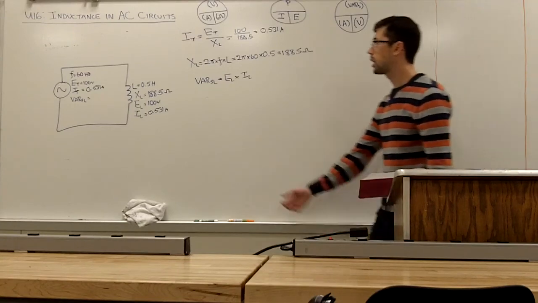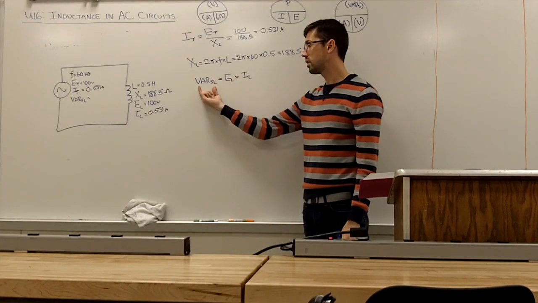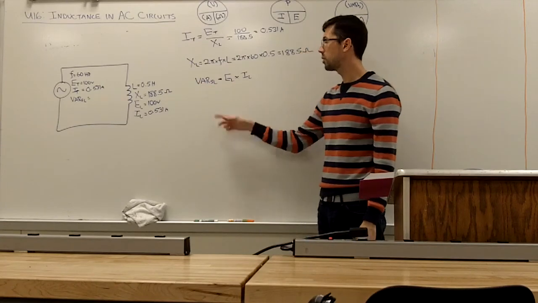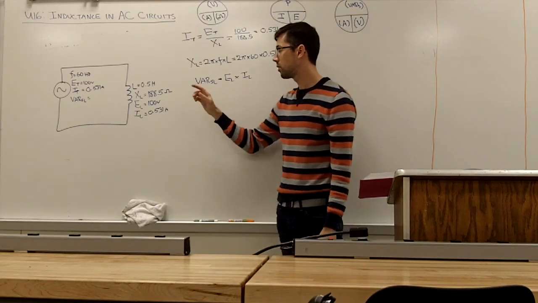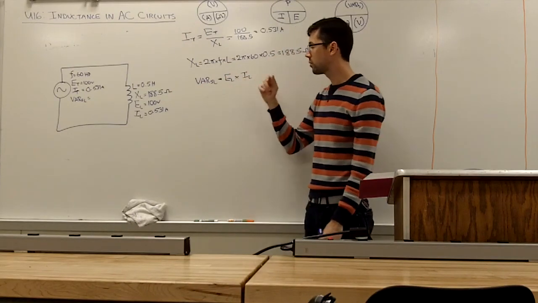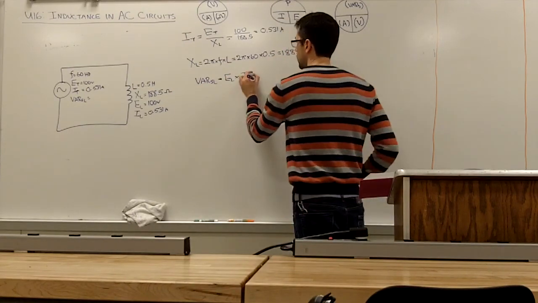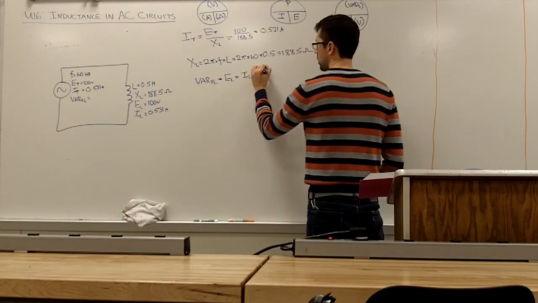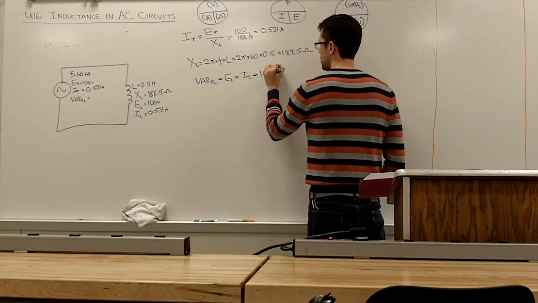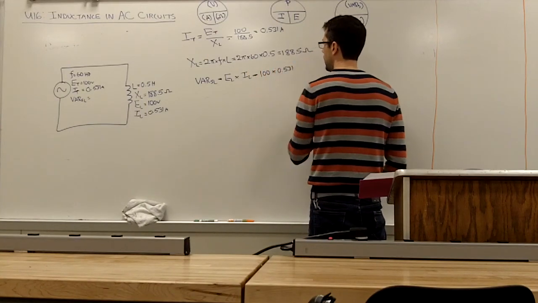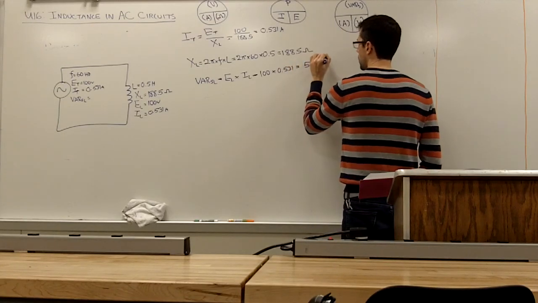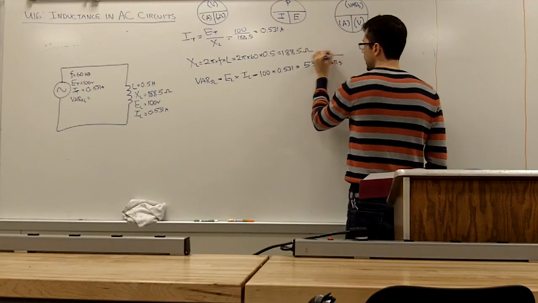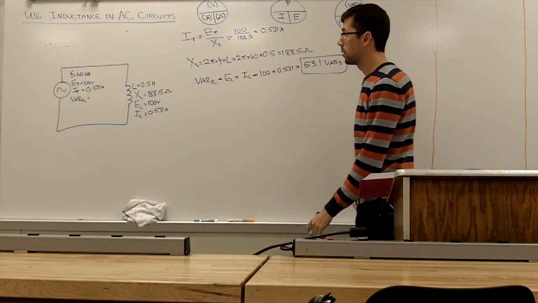So if we're looking for the reactive power to the inductor, it's got to be the volts times amps of the inductor. So the volts for the inductor is EL, and our amps to the inductor is IL. So this is going to be 100 volts and 0.531 amps. That's going to give me 53.1 VARs of reactive power.